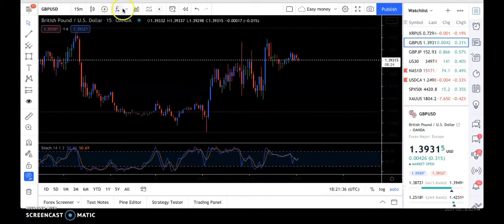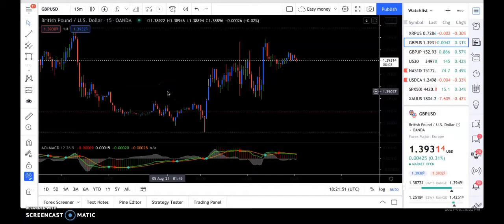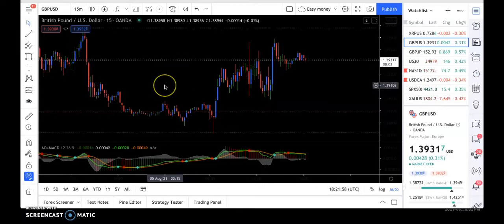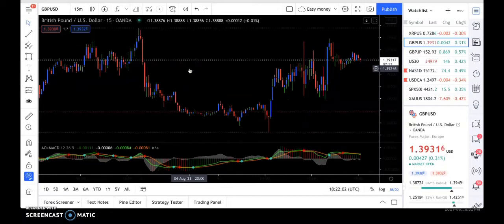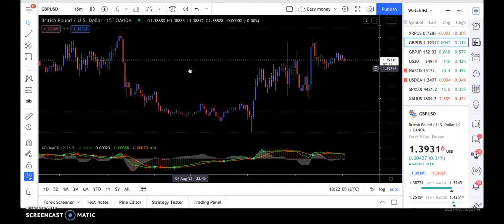Now the third one that I want to talk about is the MACD. The MACD is also a momentum indicator that you can use to enter and exit your trades, whether you want to scalp or use this, like I say, on higher time frames as well.